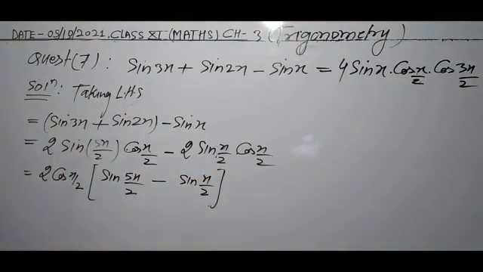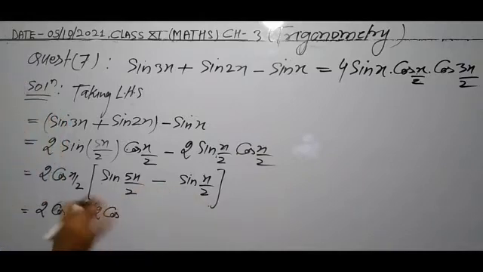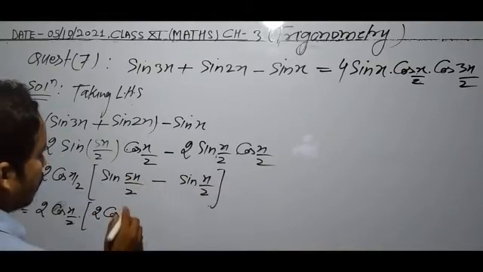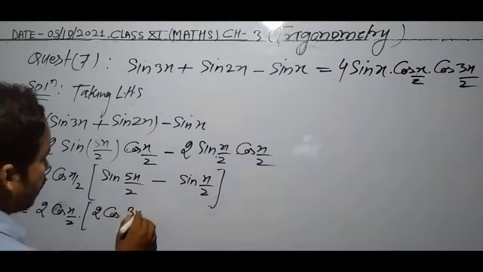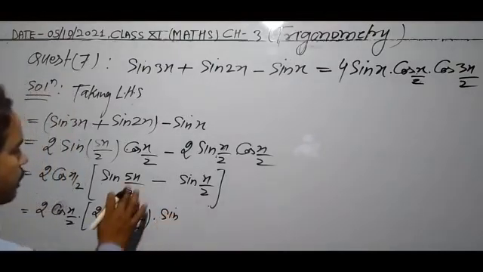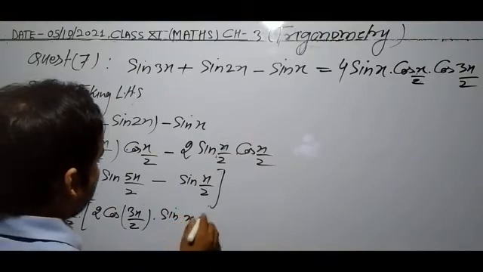Now you know the formula again, the sin C minus sin D formula. When you apply it, what result will you get? The result is 2 times cos of (this plus this) by 2, that is 5x plus x, 6x by 2, 3x by 2, into sin of (this minus this), that is 4x by 2, 2x by 2, which means sin of x.